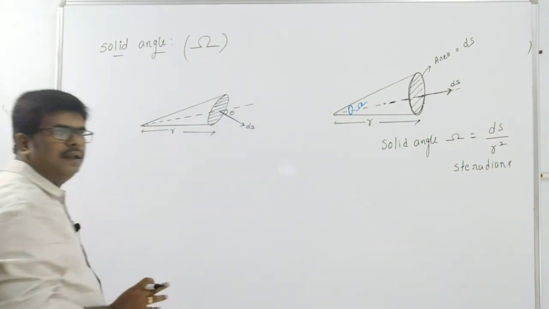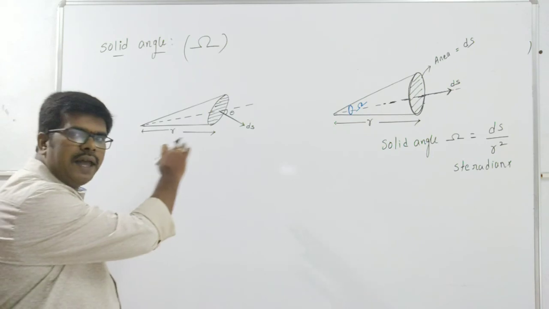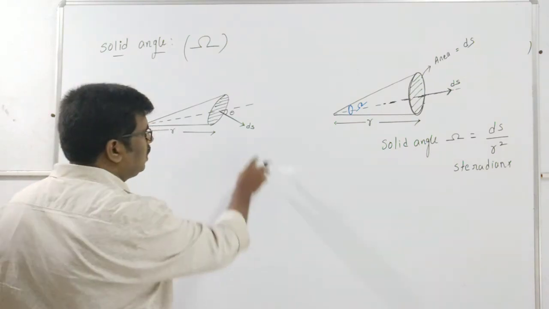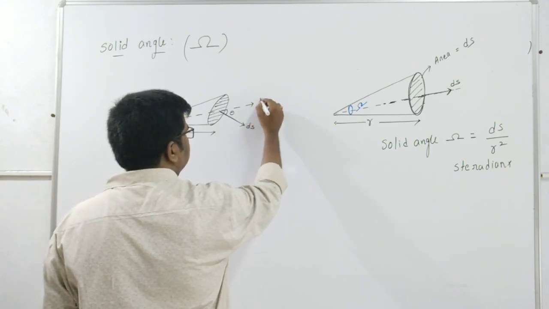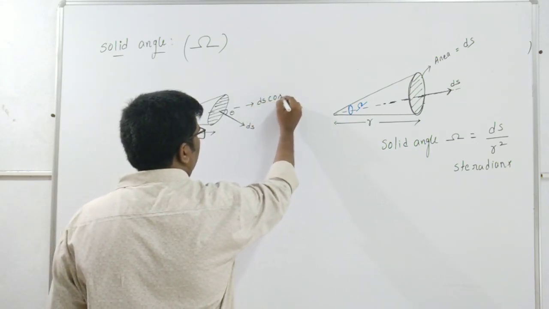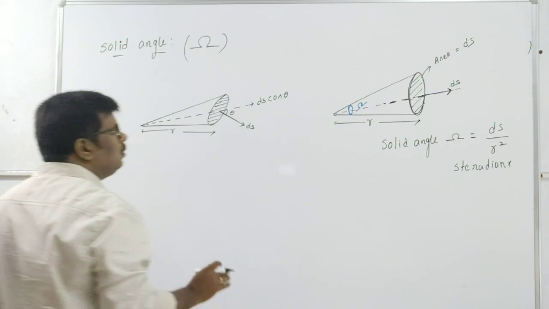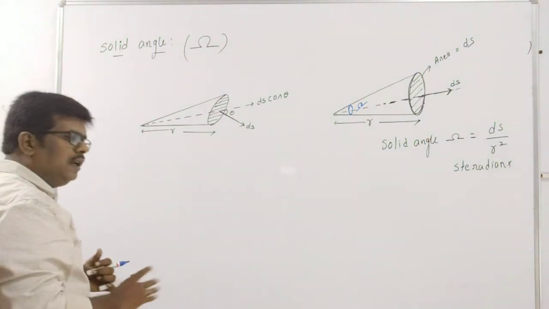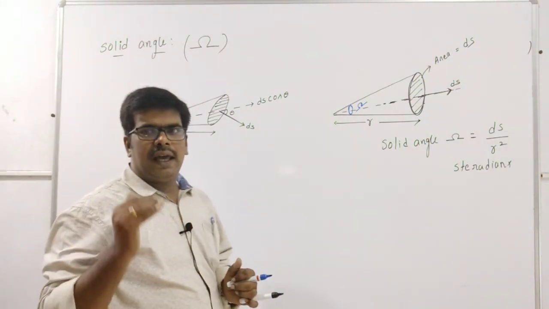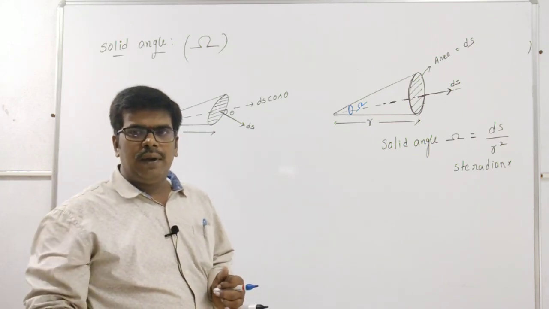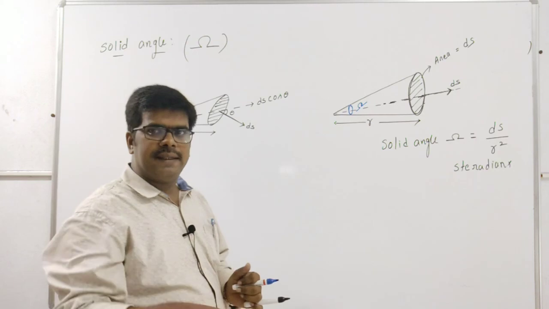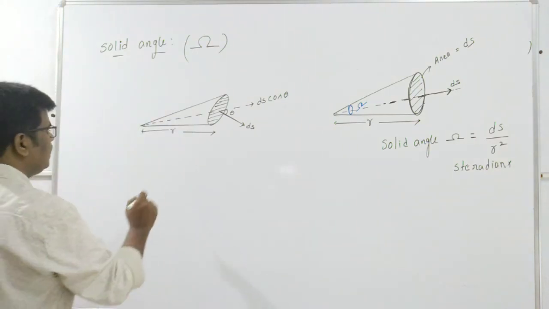The component along the axis is ds cos theta. So if the area is not along the axis of the cone, we need to take the component of the area vector which is along the axis.